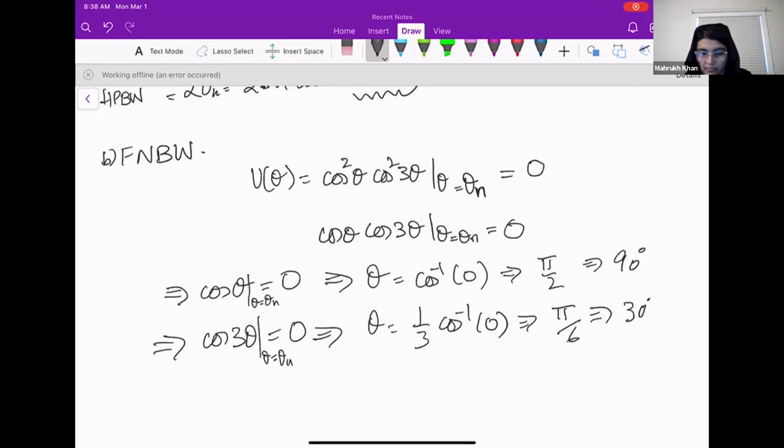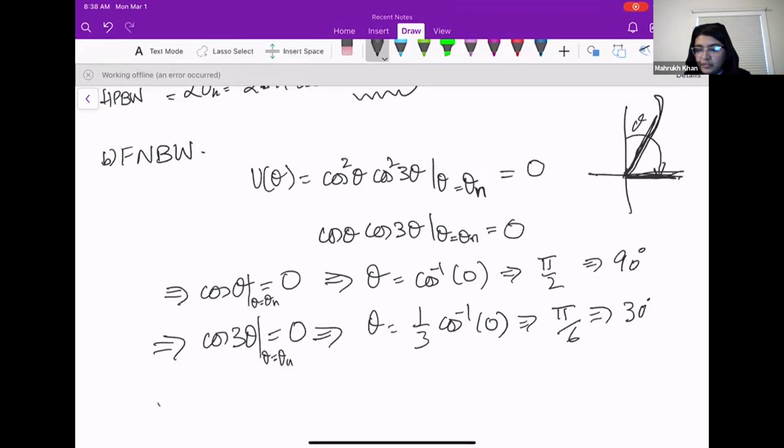Yes, Andrew? I was saying the same thing. Okay, so 30 degrees is the point where your first null beam width will happen, because if you see here, as you move from here to here, this point will come first and this will come later. So maybe your radiation intensity is 0 at both of these points, but this point will come first.